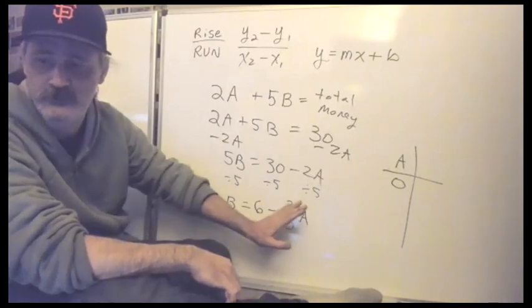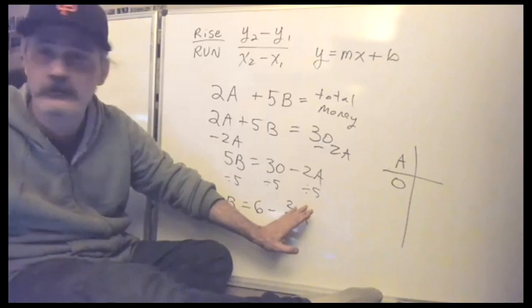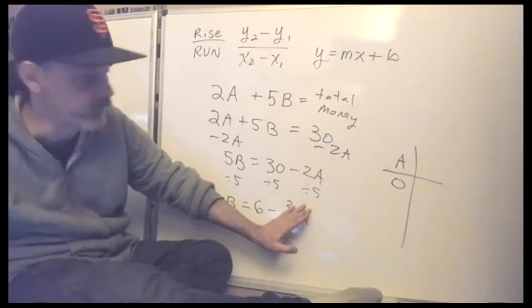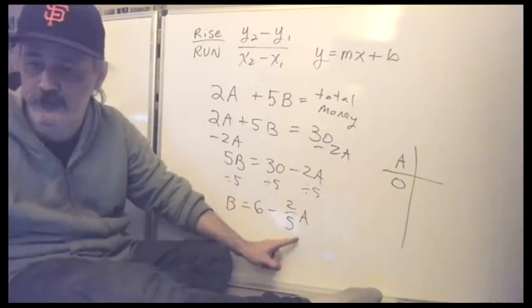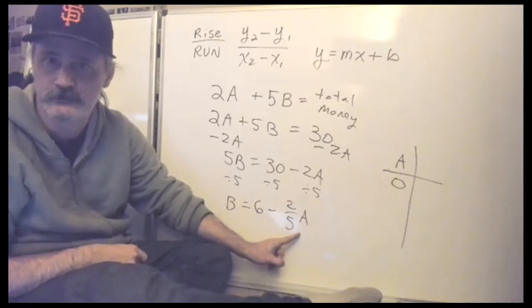So when we put 0 in here for A, Brandon, what are we going to get? What's B going to equal if A is 0?